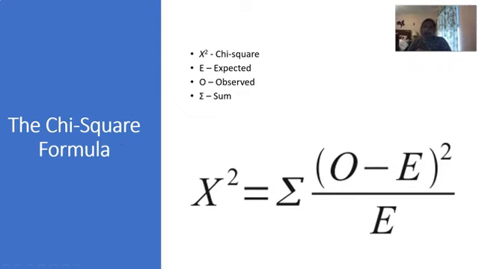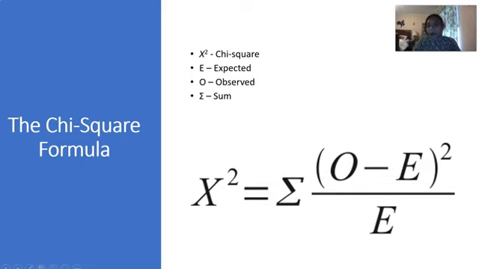The chi-square formula is essentially the sum, over each of the categories that you were observing, of the observed minus the expected numbers of that particular category, squared, divided by the expected numbers.